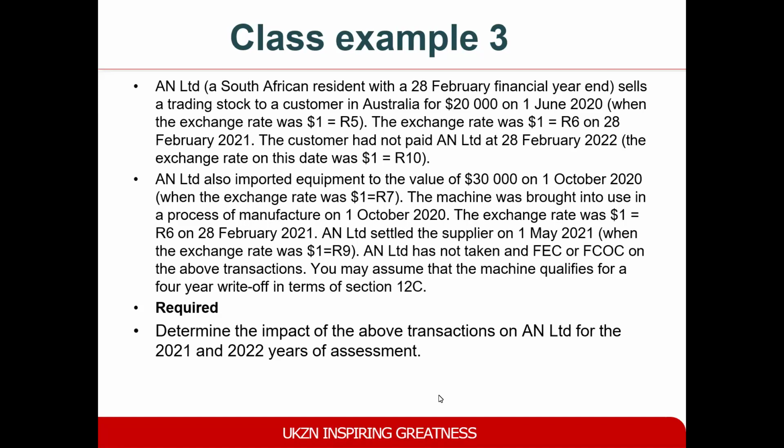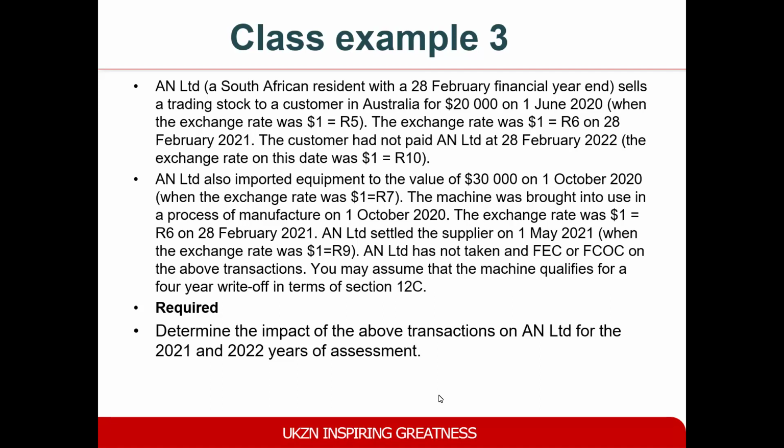Now let's move on to point number 2. We are now importing equipment to the value of $30,000 on 1st October 2020, when the exchange rate was 1 rand. Now we are the ones buying this asset. The machine was brought into use in a process of manufacture on 1st October 2020. The exchange rate was 6 rands on 28th February 2021.